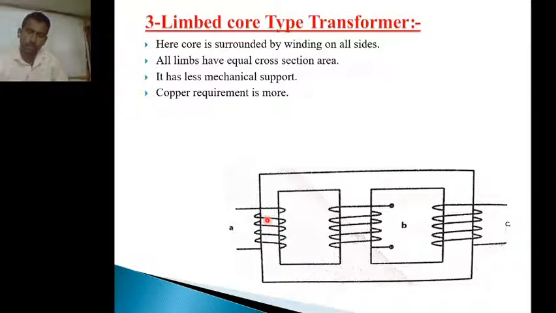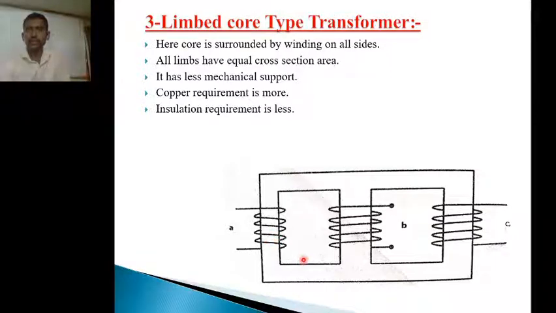Then we provide the low voltage winding, then insulation for the high voltage winding, and then we connect the high voltage winding. As the winding increases, that means when you go for the high voltage winding, the diameter of the limb increases. As a result, the length of the conductor used also increases. So the copper requirement is more, and similarly the insulation requirement is less. We can provide less insulation between the core and low voltage winding and between low voltage winding and high voltage winding.